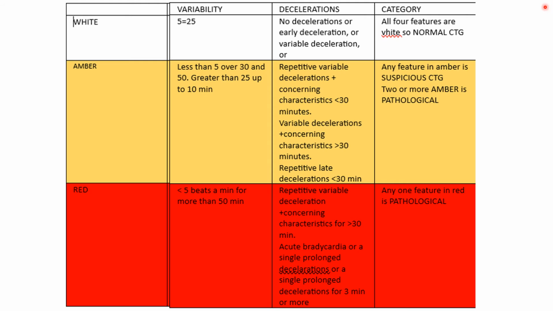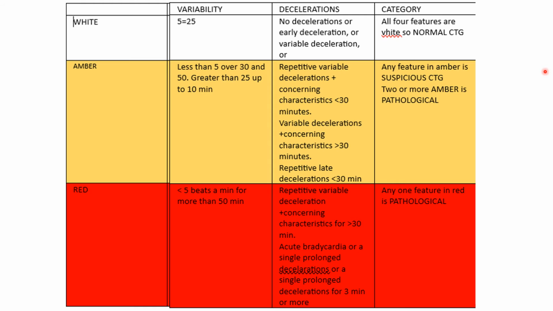So decelerations could be early, variable, or late. When we categorize them, we see that if there are no decelerations, or early decelerations, or short-term variable decelerations, then they are considered to be low risk and in the white category.